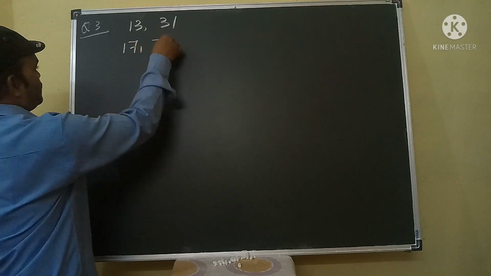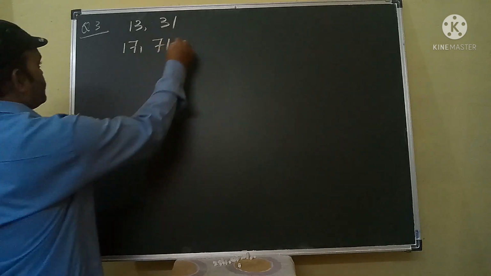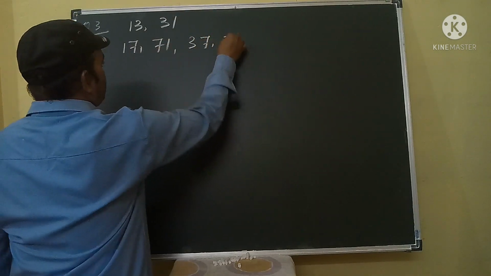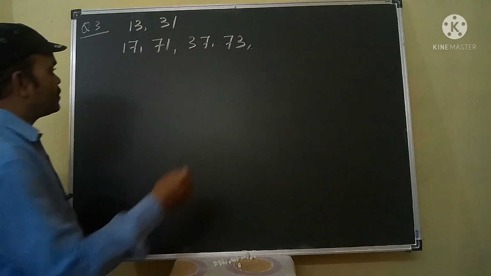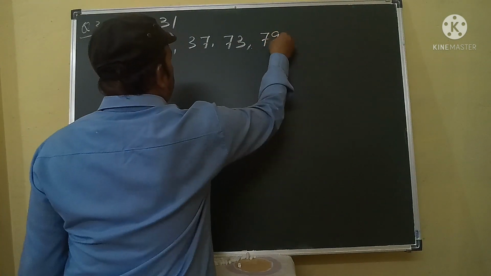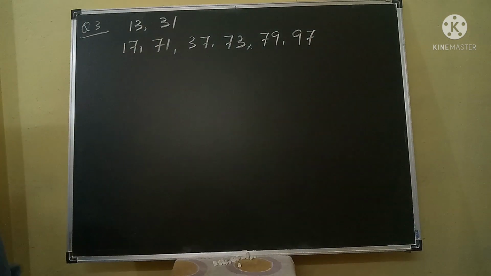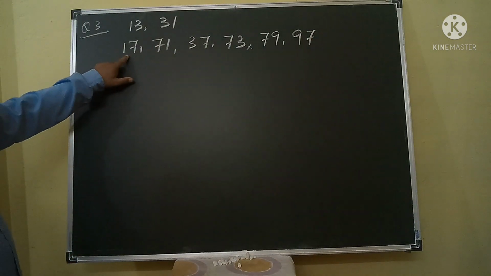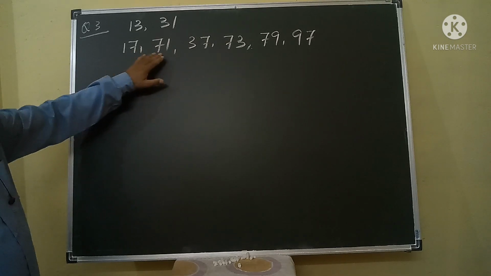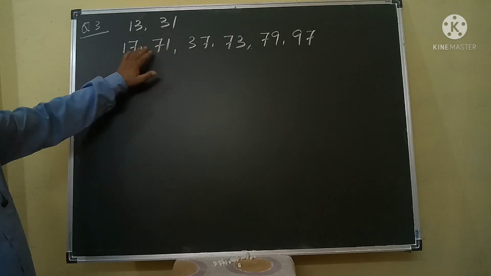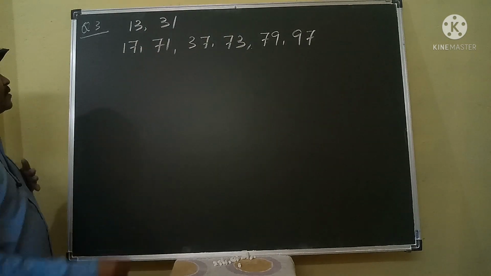So the answer will be 17, 71, 37, 73, 79 and 97. As you can see, 17 is a prime number and 71 is a prime number, and in these two the digits are the same, 7 and 1.